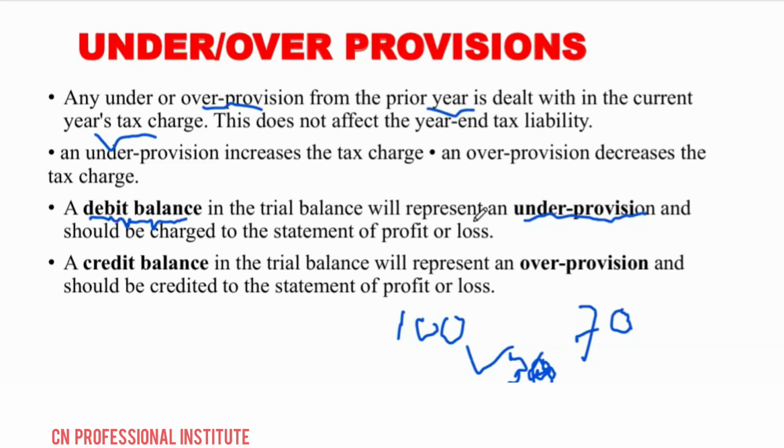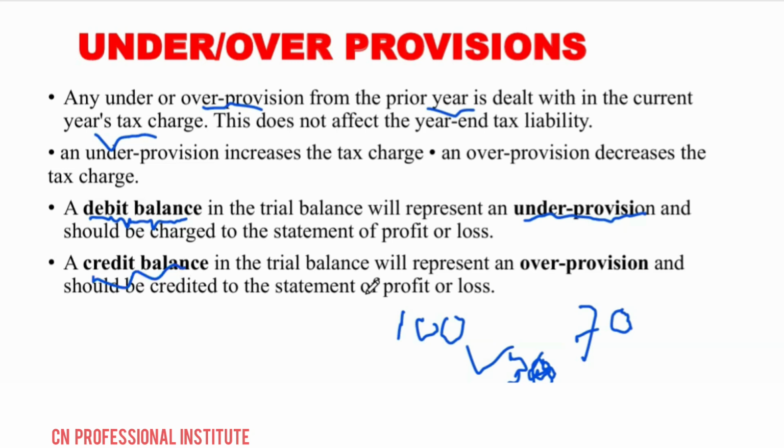So we said a debit balance represents under provision, and it means that you could not fully make provision for your previous tax, right? So it's an expense which should be added to your current year tax. If it has a credit balance, then it will mean over provision, right?